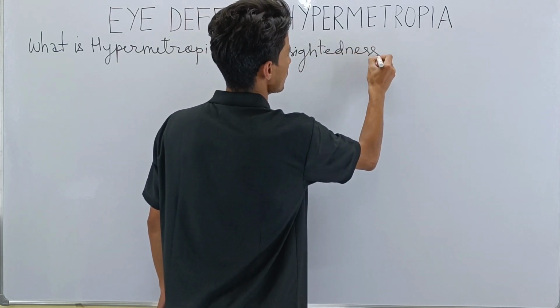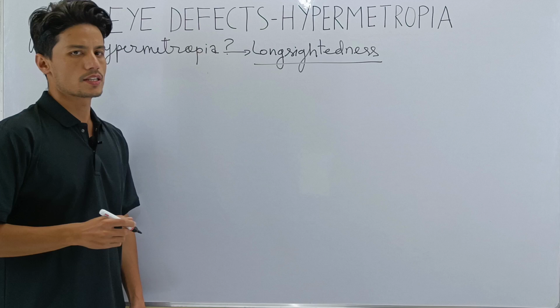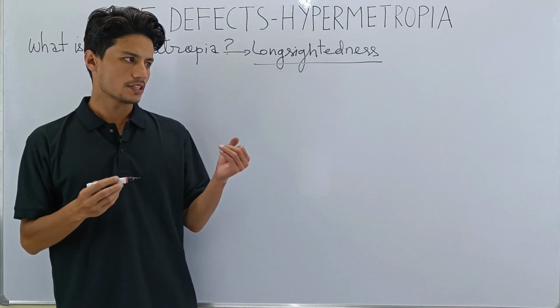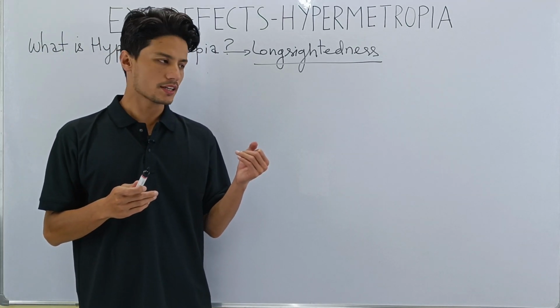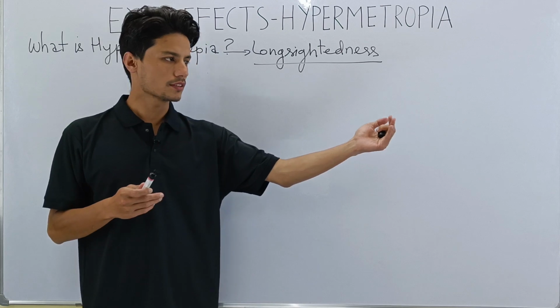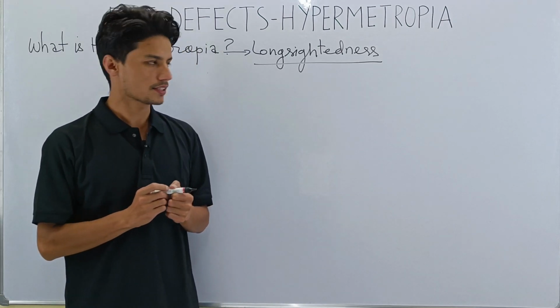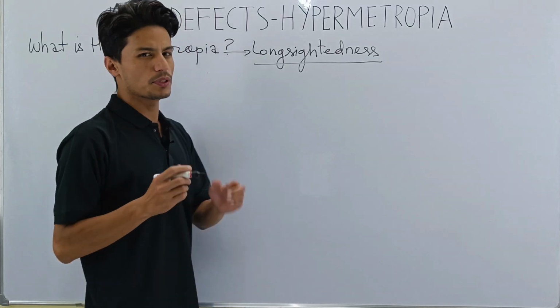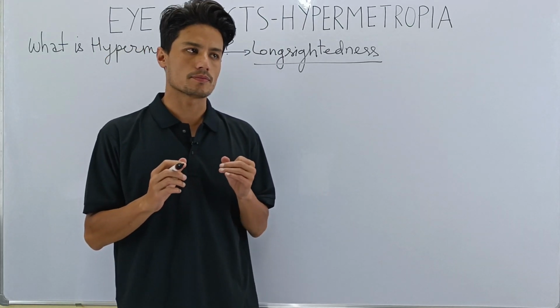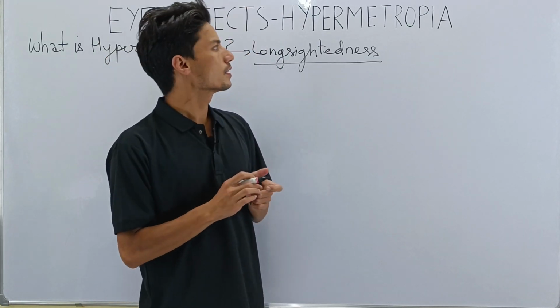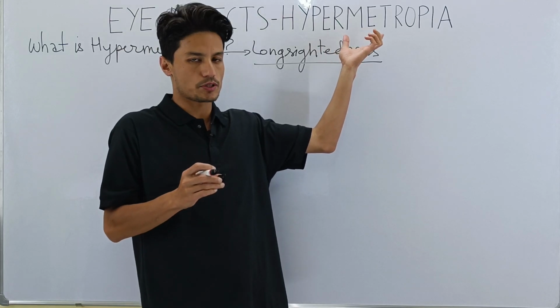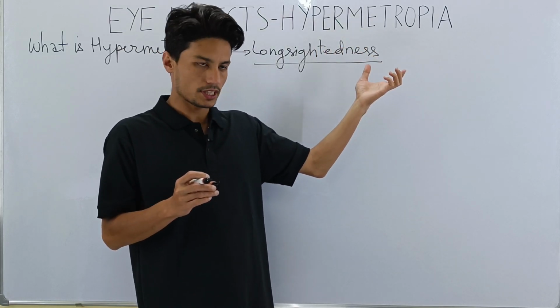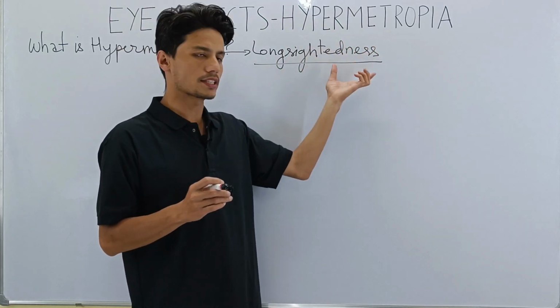Now why is it called long-sightedness? It's called long-sightedness because the person suffering from hypermetropia can see far, but cannot see near. Now one simple hack to help you remember, my dear students, in the exam: the spelling of hypermetropia is longer, so long-sightedness.